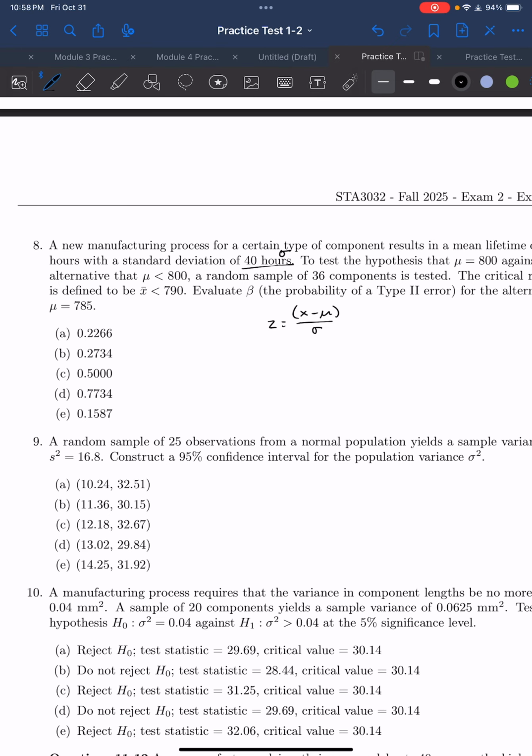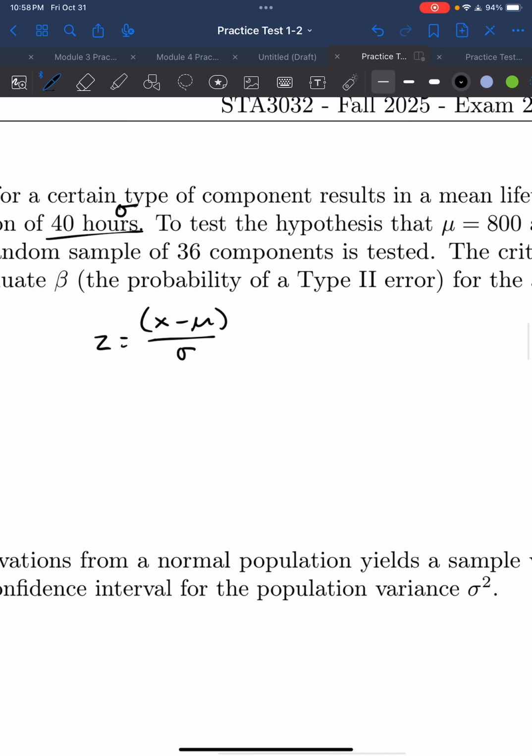And if you recall, we can find our sample standard deviation, also called our standard error, as S is equal to our standard deviation divided by the square root of n.